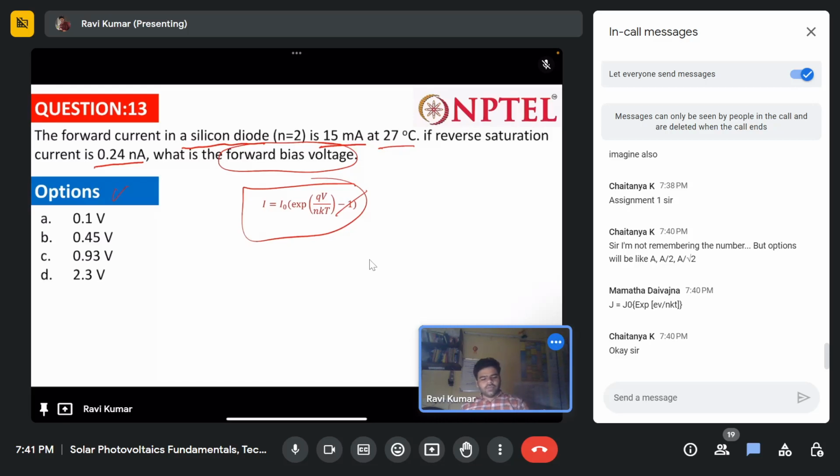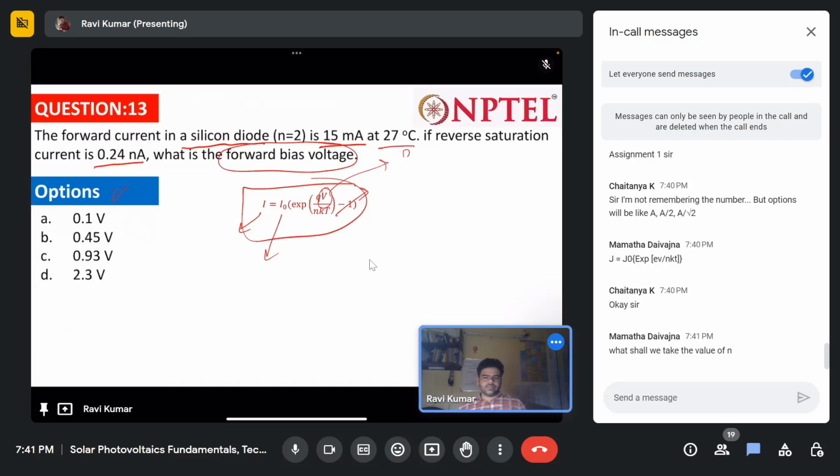So what we have? We have this forward current, we have this reverse saturation current, and we have all these things. We just need to calculate this V. N is already given in the question. I think you missed it. It is 2.